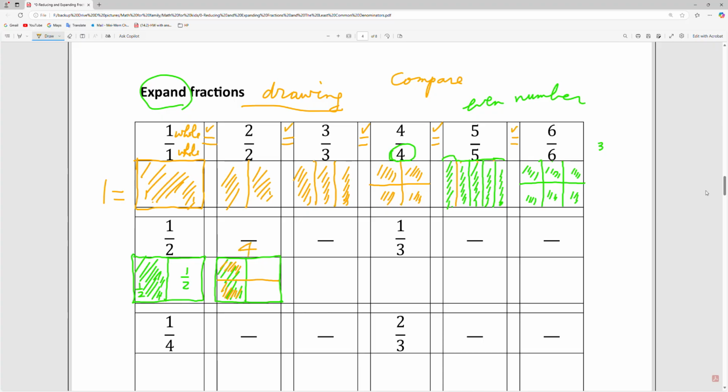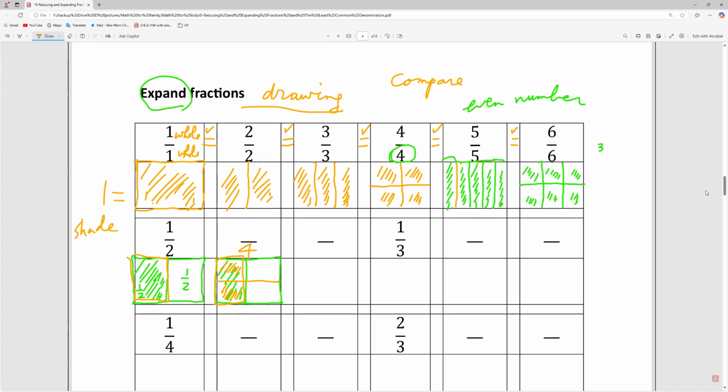So you cut into 4 pieces, and with the same size of shading, you need a 2. So same thing when you cut in 2, everything becomes double. You times 2, times 2.